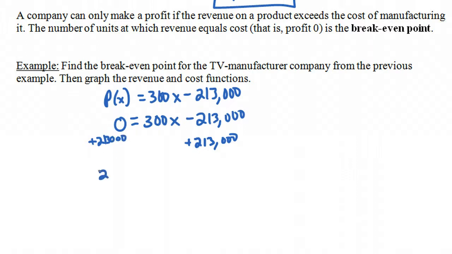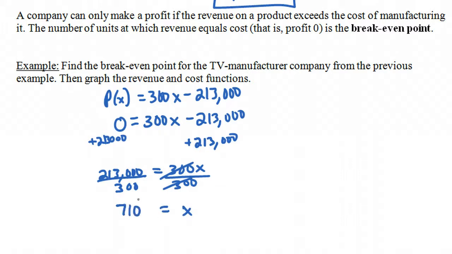What we end up with is 213,000 equals 300X. Then since we're multiplying X by 300, we divide by 300 to get rid of it. It turns out that X is equal to 710. If you do that on a calculator, 213,000 over 300 is 710. In other words, they need to sell 710 TVs in order to break even.